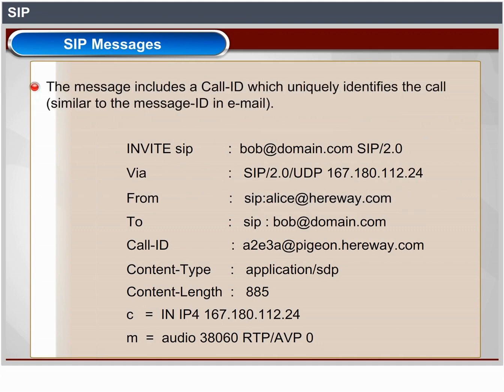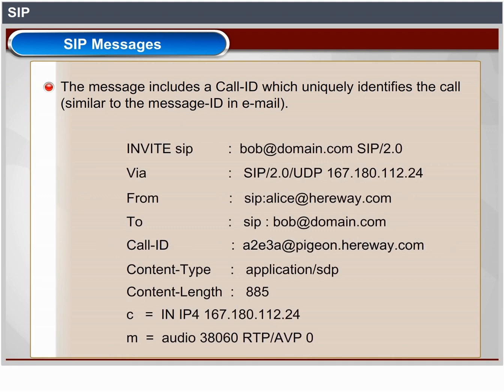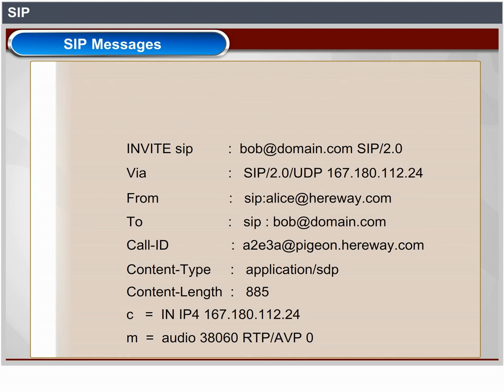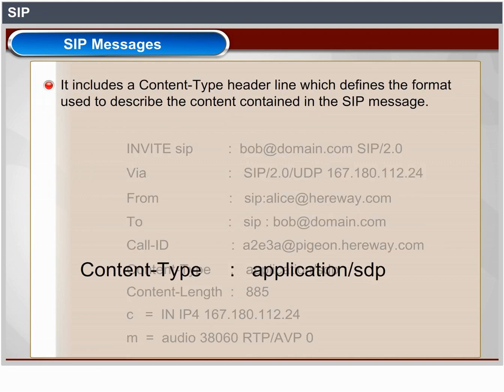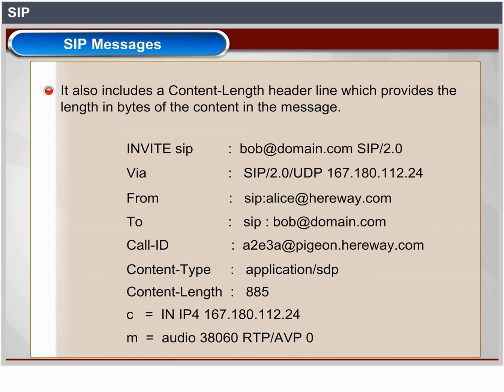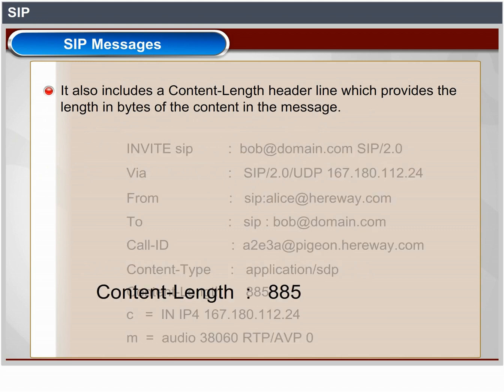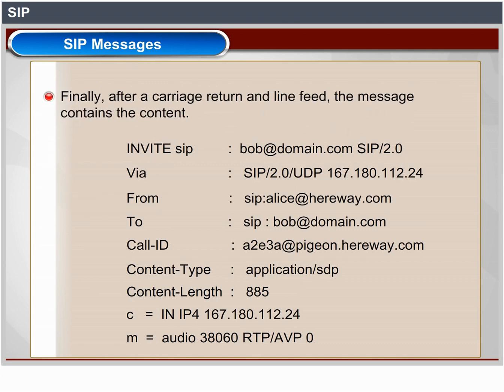The message includes a call ID which uniquely identifies the call, similar to the message ID in email. It includes a content type header line which defines the format used to describe the content contained in the SIP message. It also includes a content length header line which provides the length in bytes of the content in the message. Finally, after a carriage return and a line feed, the message contains the content.